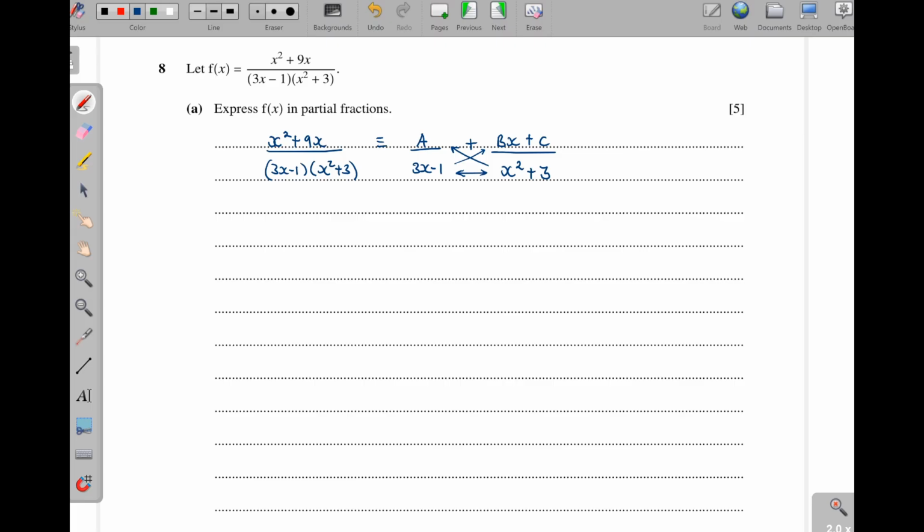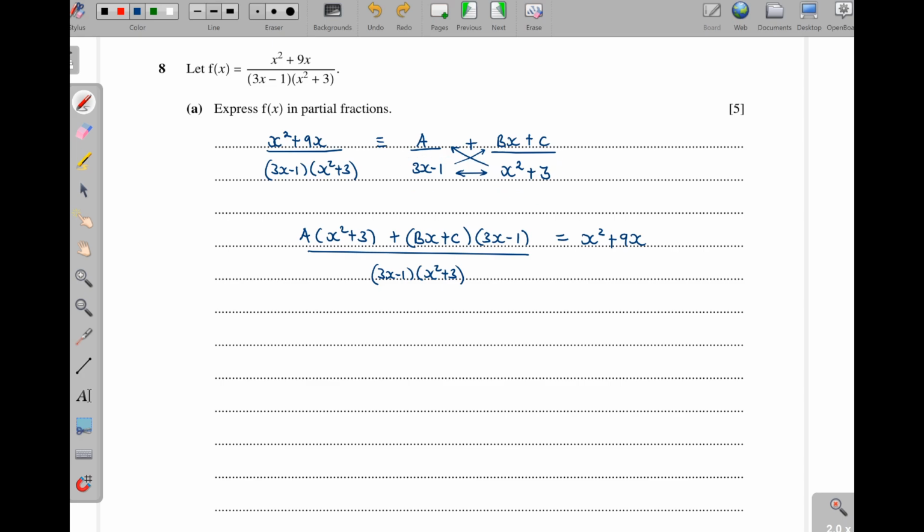So when we do so, we shall have a times the x squared plus 3, then plus bx, then plus c times the 3x minus 1. Then we shall equate this to x squared plus 9x plus 1, because this is going to be under this when we multiply these two here.